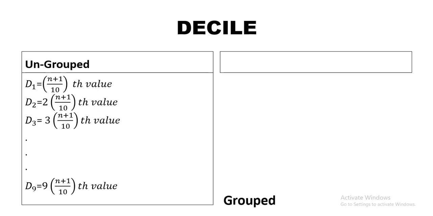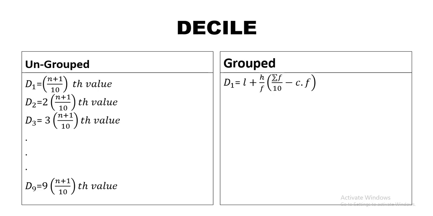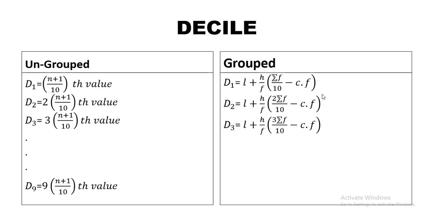For grouped data, D1 is equal to L plus h upon f into (summation f by 10 minus CF). D2 is L plus h upon f into (2 times summation f by 10 minus CF). For D3, we substitute 3 times summation f by 10.